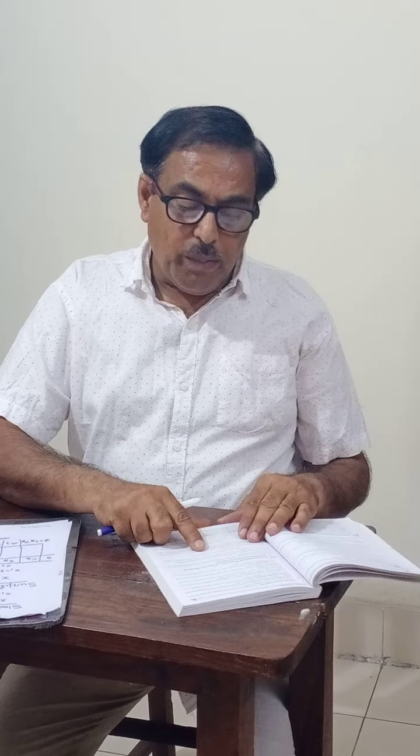If the objective function is minimum of z is equal to x1 minus 3x2, then take another function z dash, which is equal to minus z. It will become minus x1 plus 3x2. Obviously, maximum of z dash is equal to minus minimum of z.